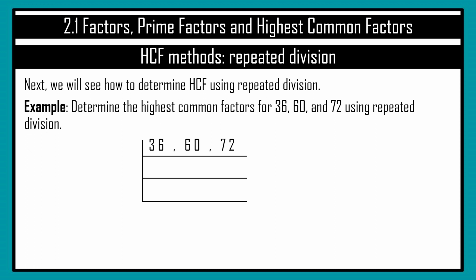So I'm going to divide 36, 60 and 72 with number 2. So when 36 divide with 2, we get 18, 60 divide with 2, we get 30, and then 72 divide with 2, we get 36. Okay, those numbers can still be divided again. So I cannot use 2 because 30 and 36, I can use 2.